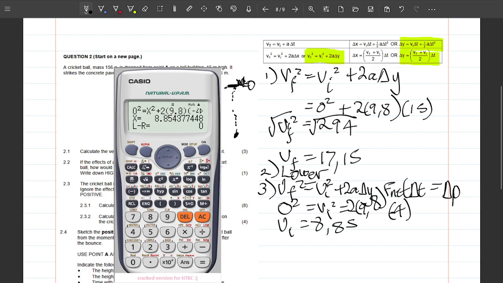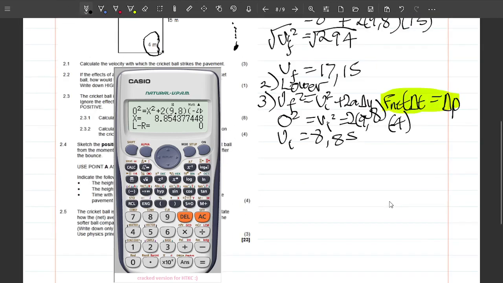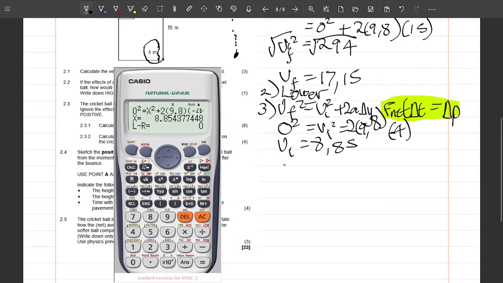So proceeding, now that I have my vi, I can actually make use of my impulse formula, which is the one that I've got there. So to do that, I would do the direct substitution. First things first, I've got my F net delta t, and this is equal to delta p. Nothing fancy. Now to make those substitutions, I'm finding impulse. Remember, the whole F net delta t represents impulse.